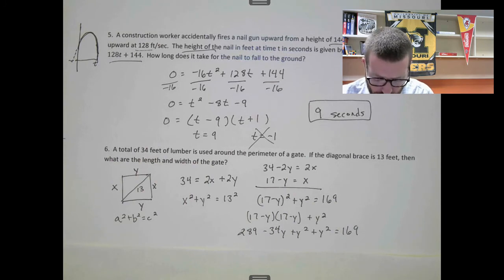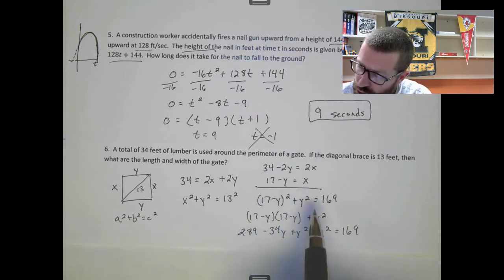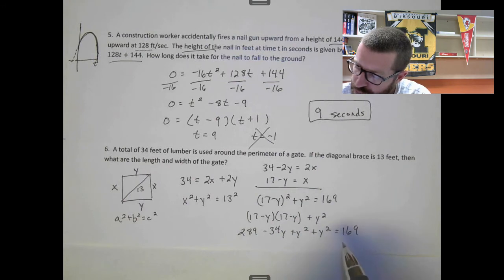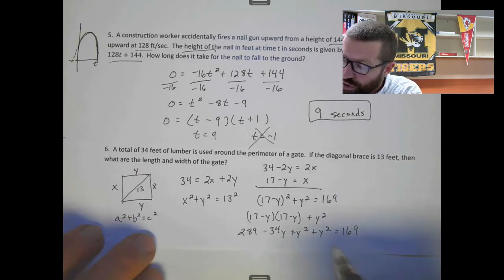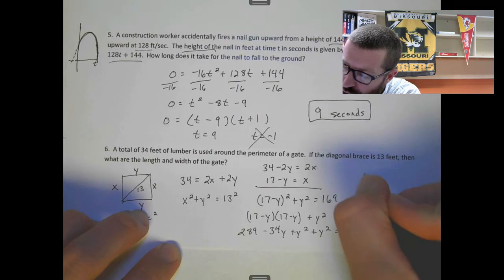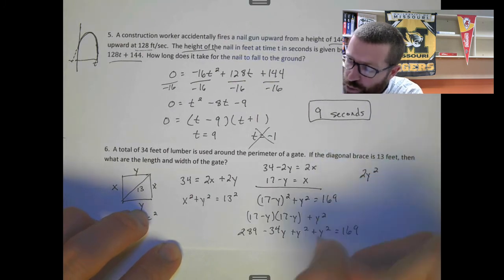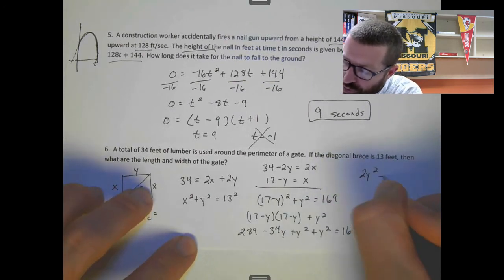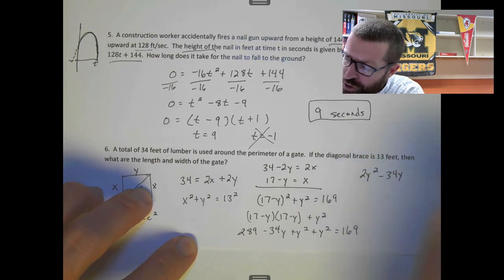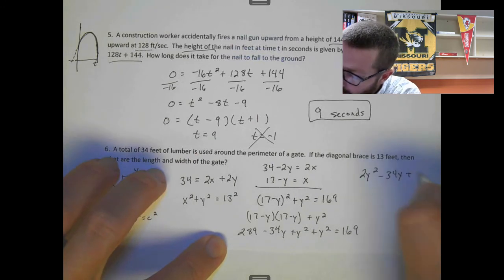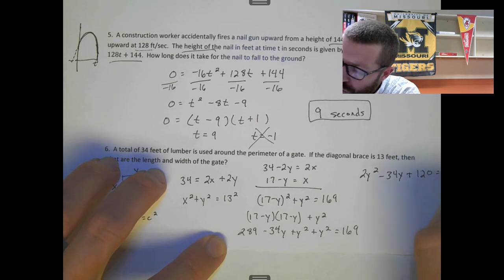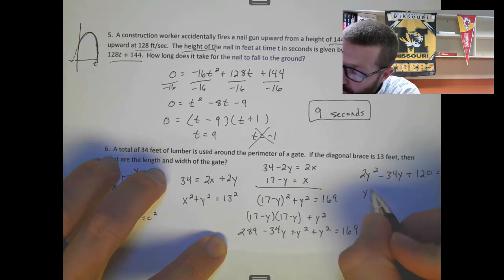Okay, so we have all of our values here. Now we can combine like terms and set it equal to 0. So let's move everything to the left. y squared plus y squared is 2y squared minus 34y. And then when I subtract 289 minus 169, I get 120 is equal to 0. Can divide everything by 2.